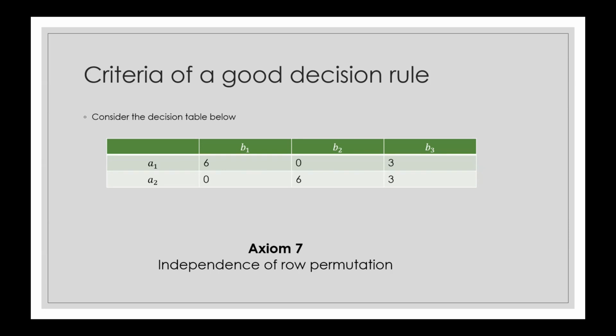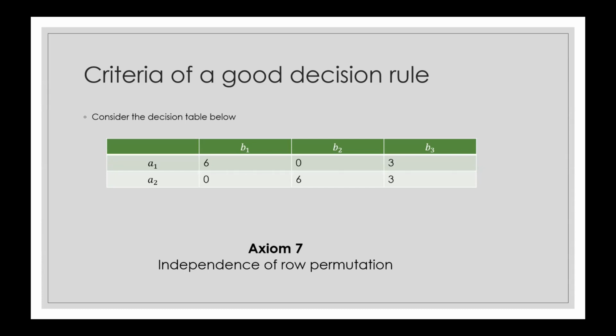But if it is under risk, and we have a higher probability that this state of nature will occur, then we may select A1. But since we do not know anything, right?